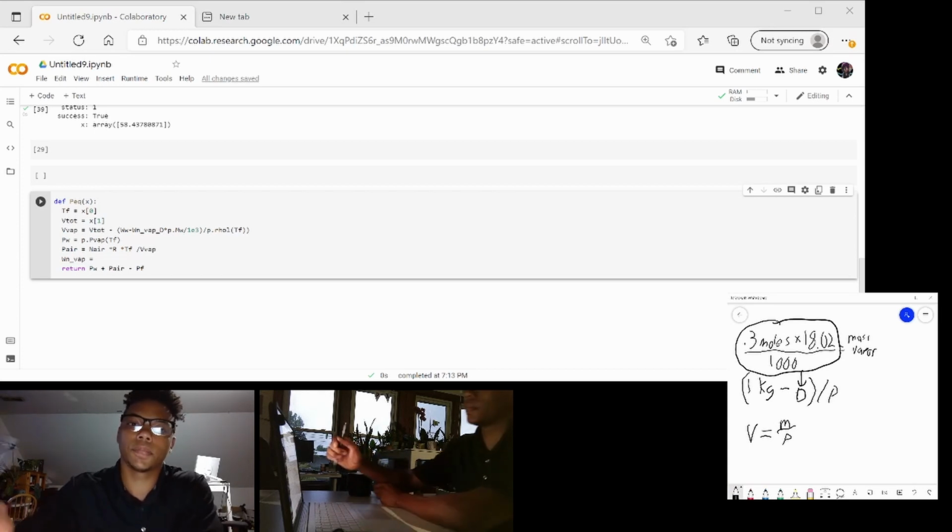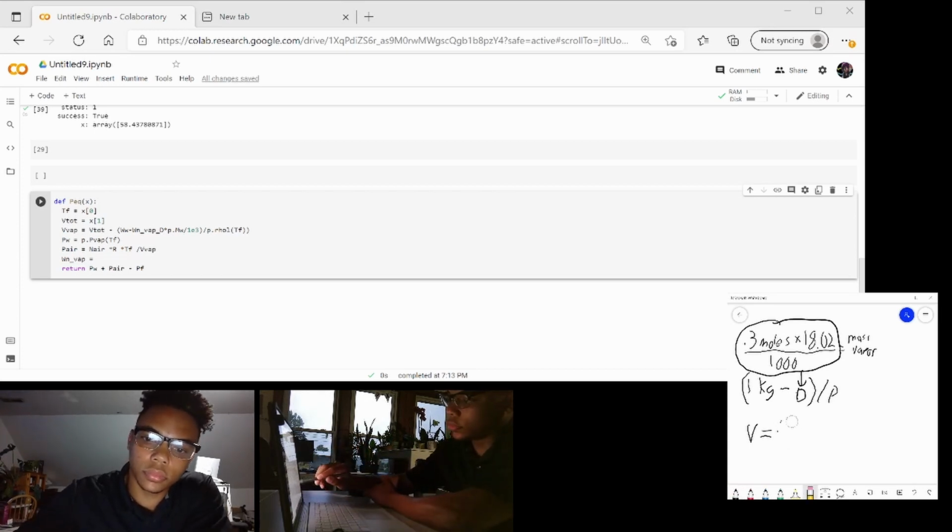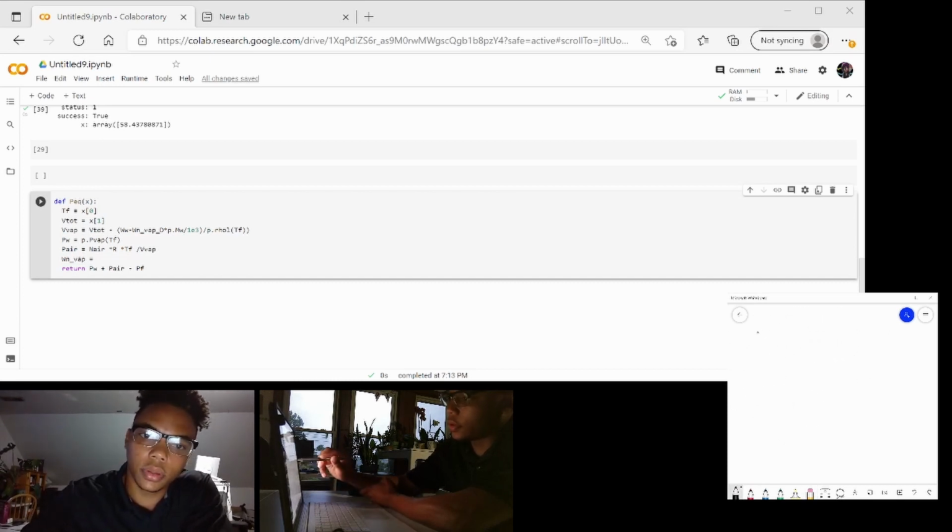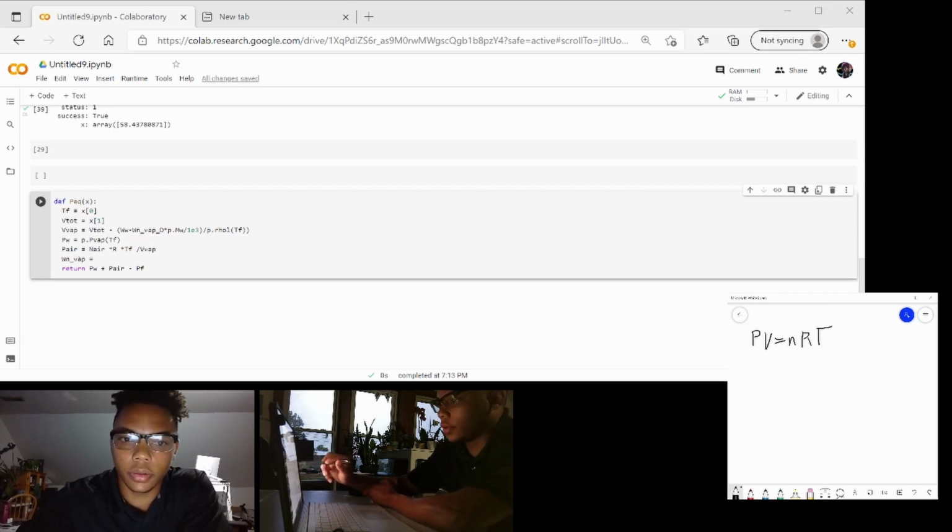So if we have PV equals nRT, then we're looking for our moles. So we have PV over RT, and that is going to equal our moles of water that is turned into vapor.